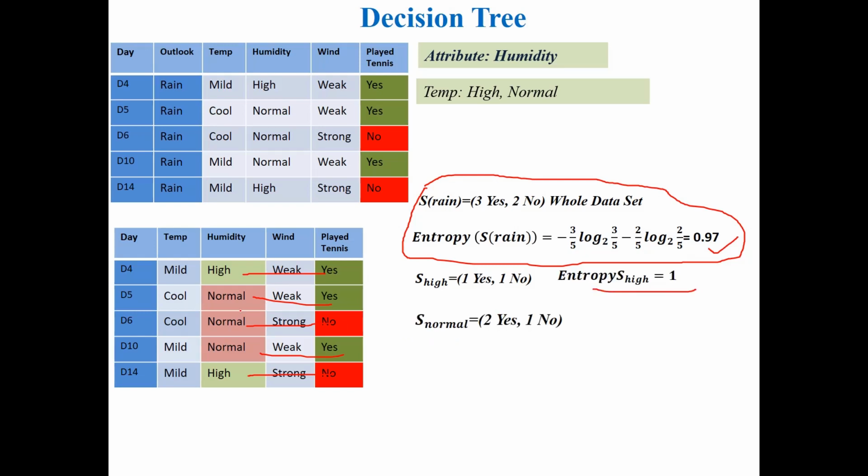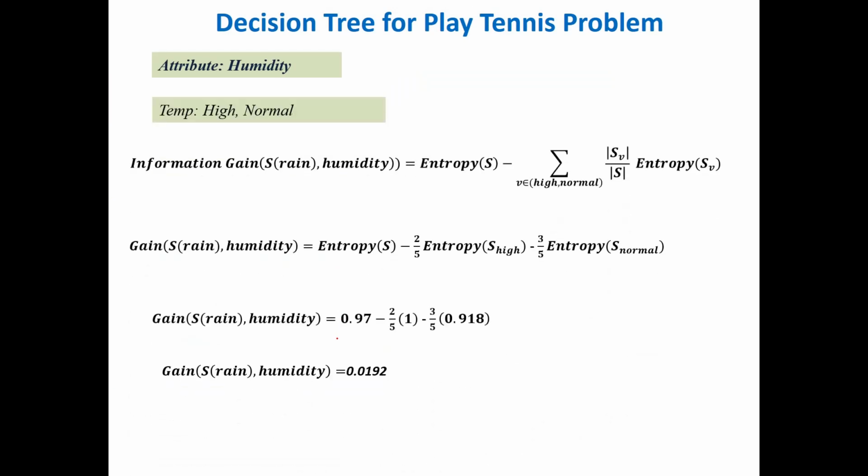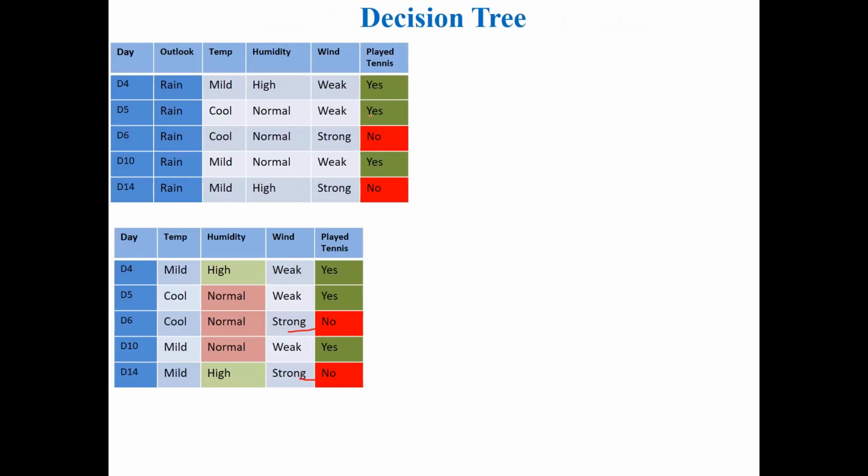Now for normal, there are a total of 3 examples. Out of these 3, 2 are yes and 1 is no. So S normal is equal to 0.9183, and information gain is equal to 0.0192 for humidity.